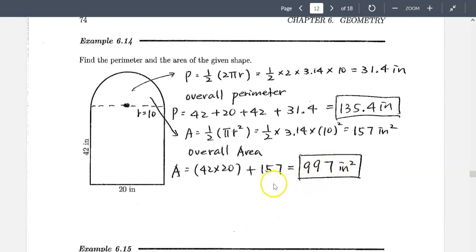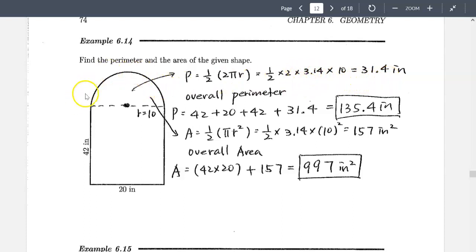When you have a combination figure like this, now you have a semicircle plus a rectangle on the bottom here. So what's the perimeter and area? Well, the perimeter of the top, the half of a circle, is 1/2 times 2 pi r. So 1/2 times 2 times 3.14 times 10 equals 31.4.